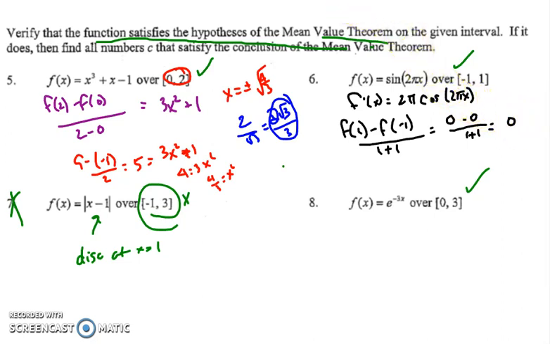So the question is, where does my derivative 2 pi cosine of 2 pi x equal 0? Where cosine of 2 pi x equals 0. And we know that cosine equals 0 at pi over 2 and at 3 pi over 2 on the unit circle.